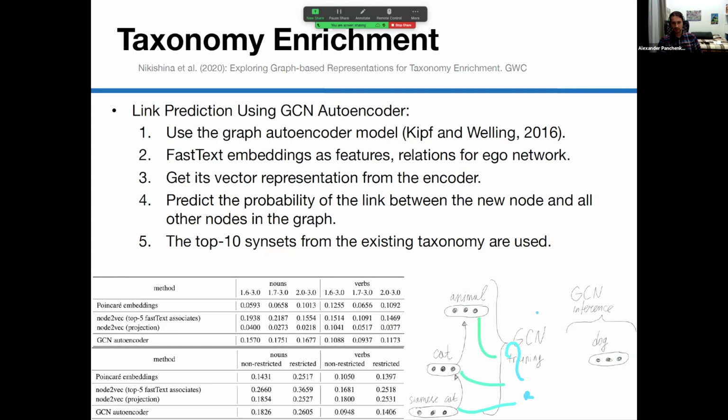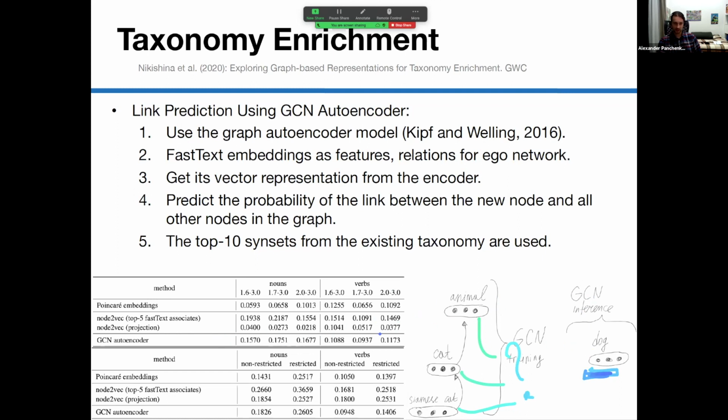And what the system does, it uses fastText features to represent this unattached node, and it uses an autoencoder-trained GCN to enhance this fastText embedding.